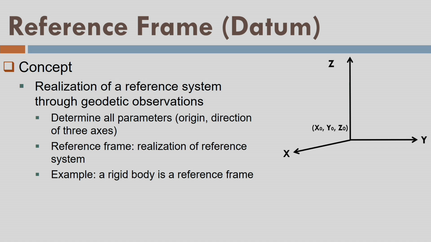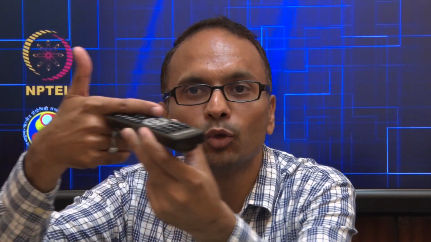Now you can imagine a rigid body, maybe this body. This is a kind of remote control. It is a rigid body because with respect to time, it is not changing its shape. Now I can imagine a non-inertial reference system attached to it like this. If this body is moving this way, my reference system is also moving like that.